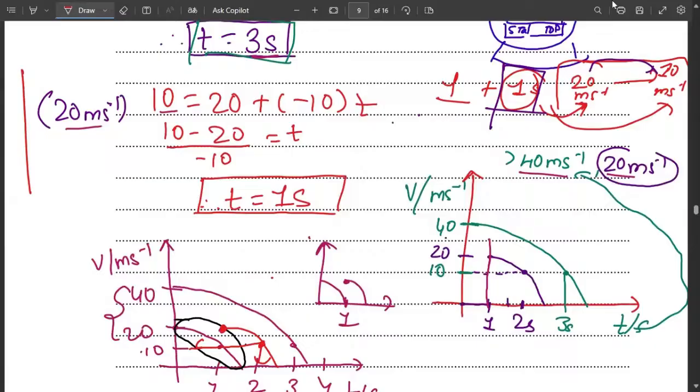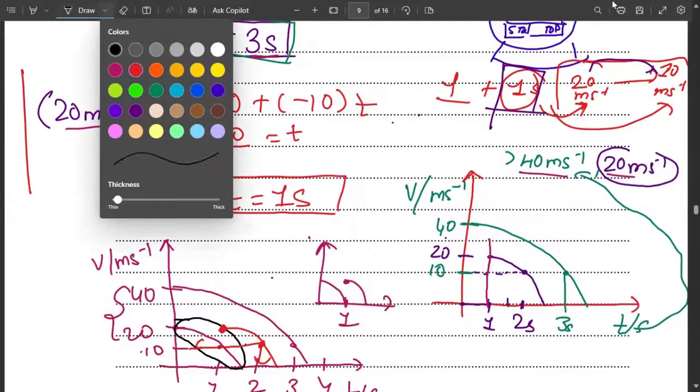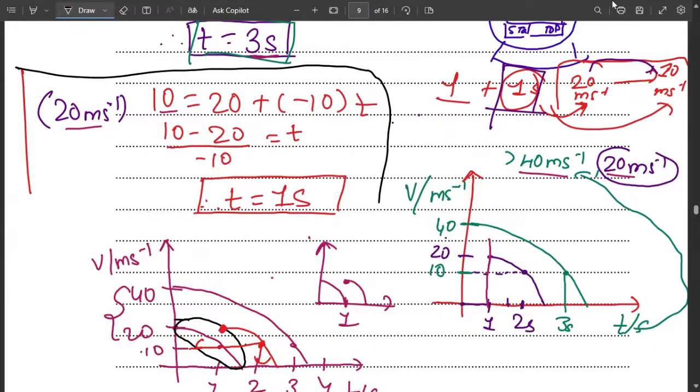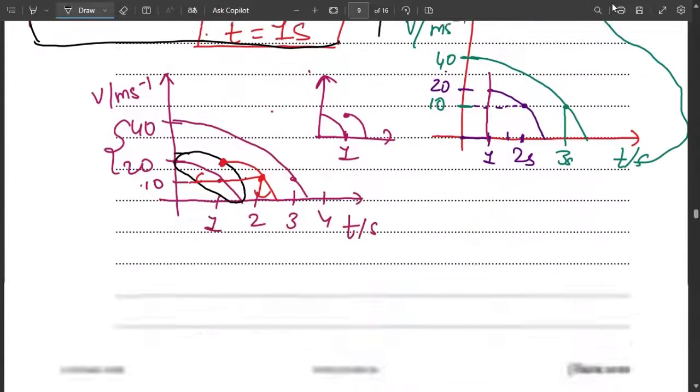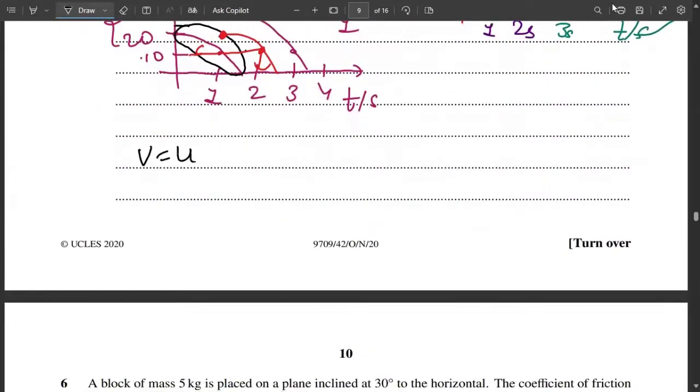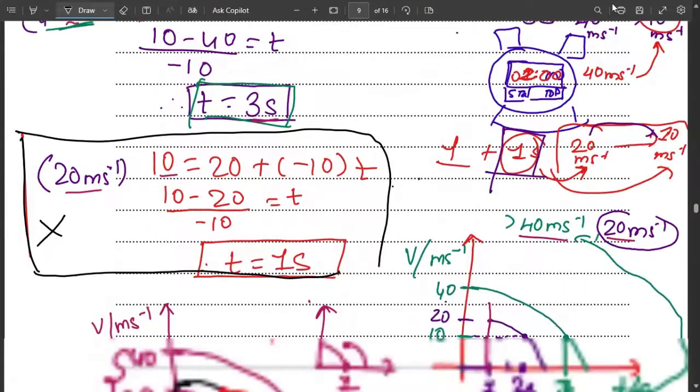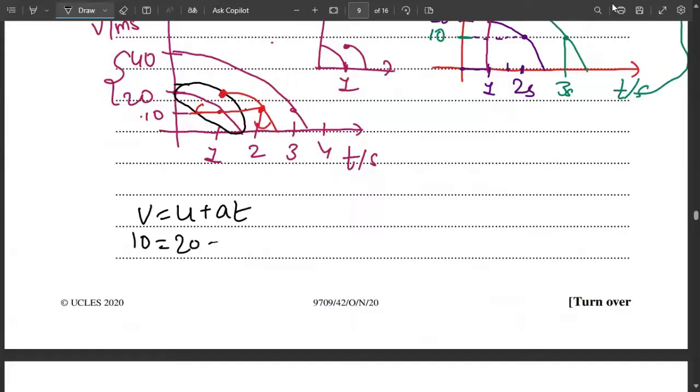So now, according to the 2 seconds logic, this will be incorrect, because time should not be 1, it should be 2. So what do we do? v equals u plus at. We know this. If we put v as 10, initial velocity 20, and minus 10 t, then the answer for t is 1 second. So we'll have to do something to t in order to get the correct answer.